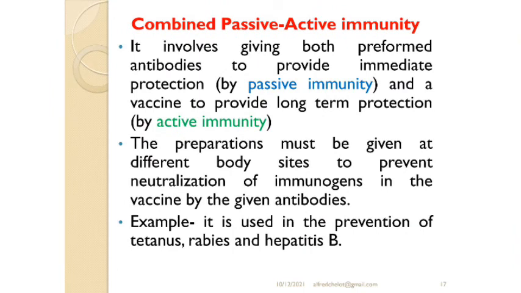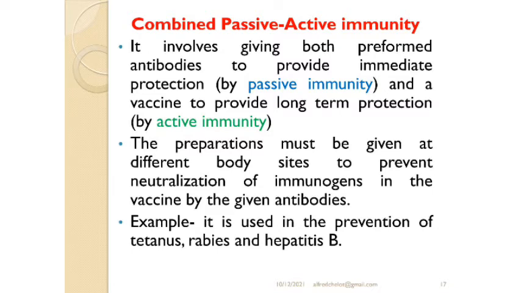Next we are going to discuss passive-active immunity. This involves giving preformed antibodies, which provide immediate protection, and this is achieved by passive immunity. It also involves providing long-term protection by the use of active immunity.